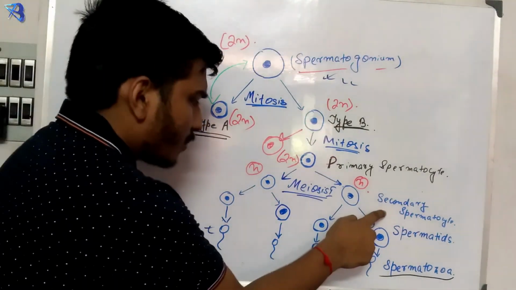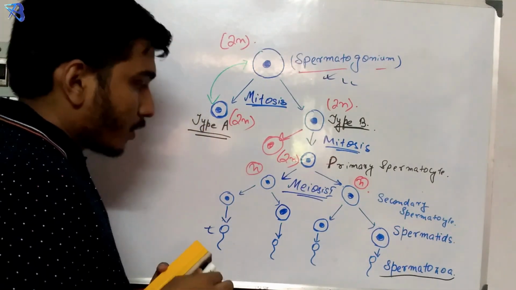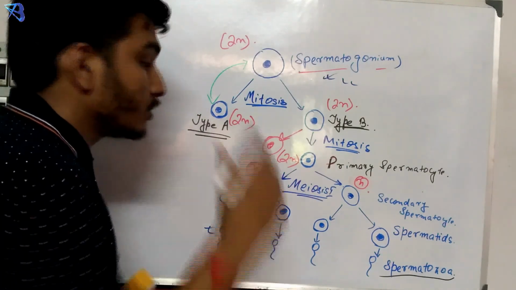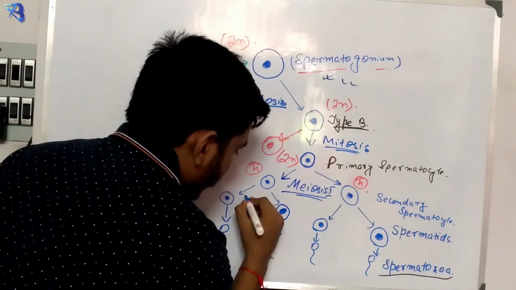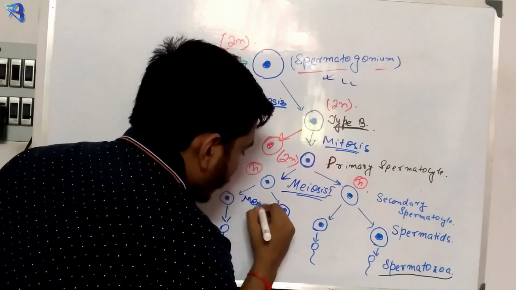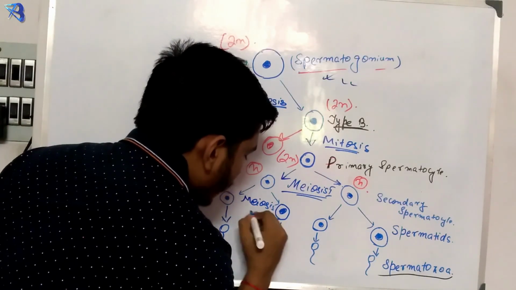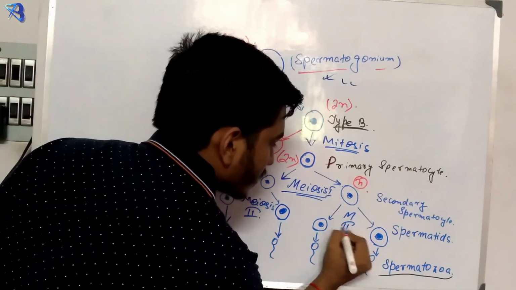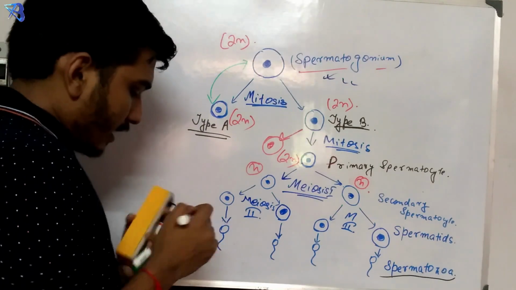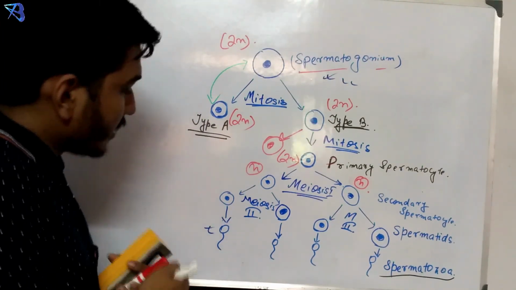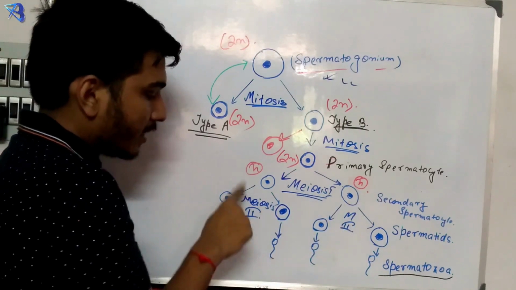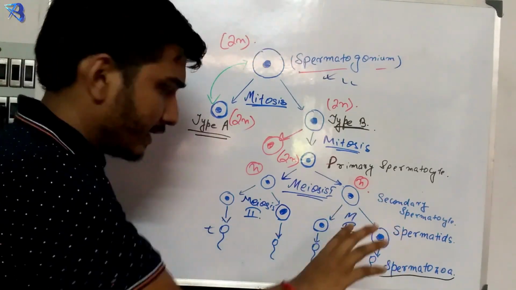Now this secondary spermatocyte again undergo the process of meiosis, but this time it's meiosis 2. After secondary spermatocyte undergo meiosis 2, it forms the spermatids.